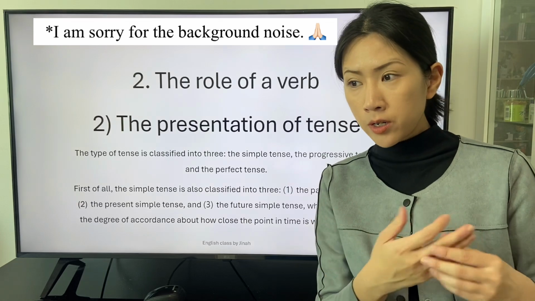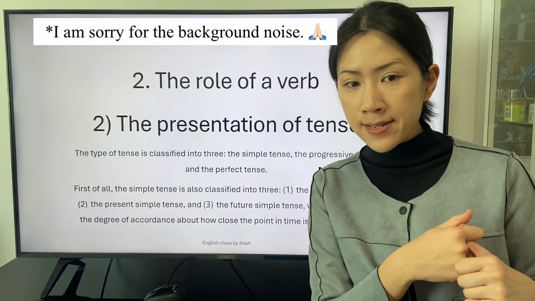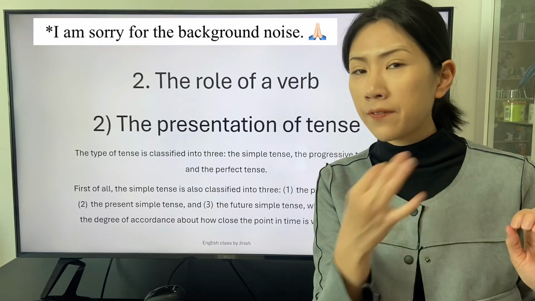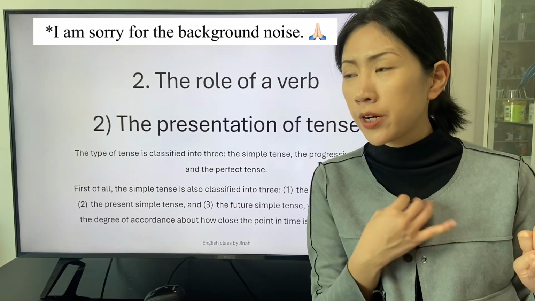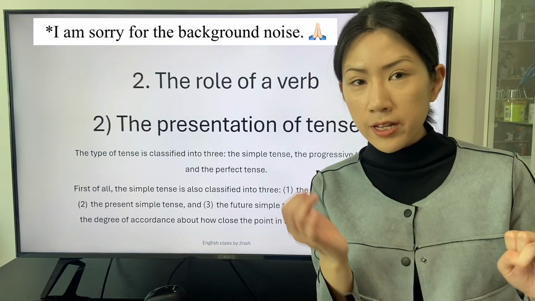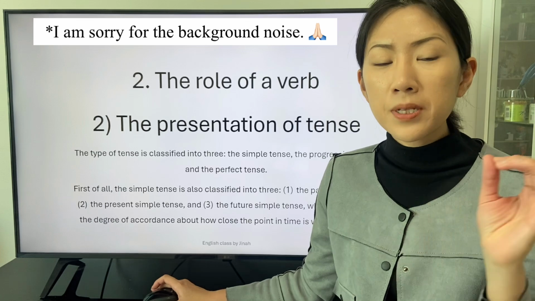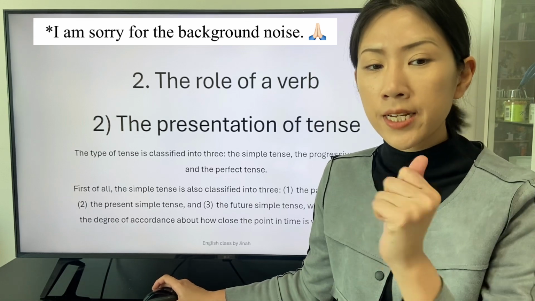The progressive tense and the perfect tense convey the intention of the speaker to emphasize the definition of the verb.